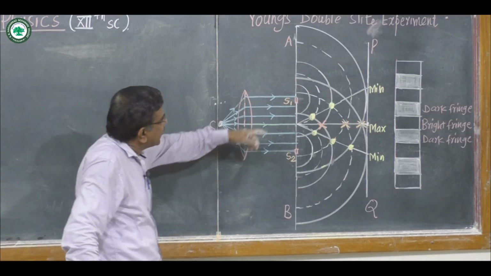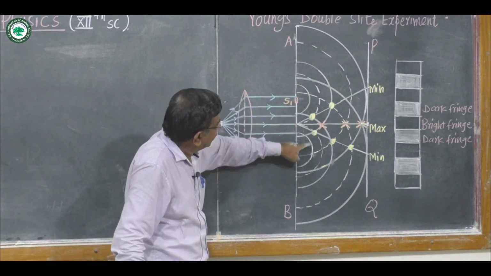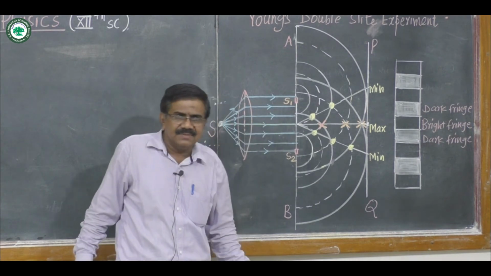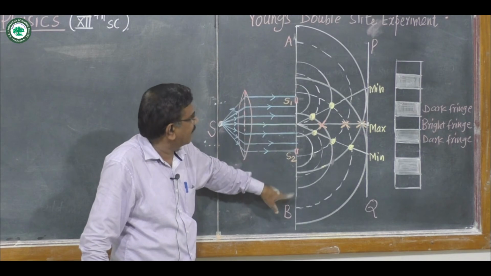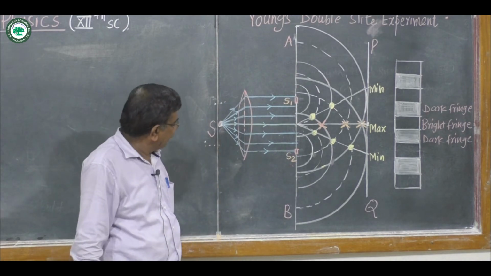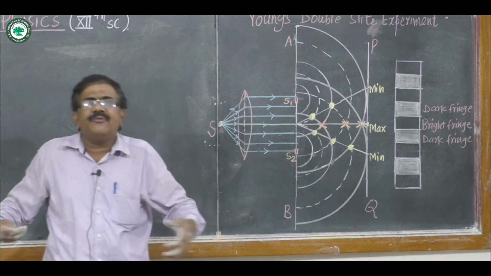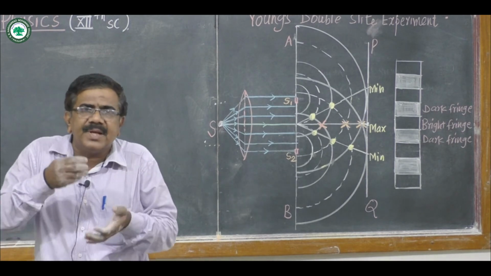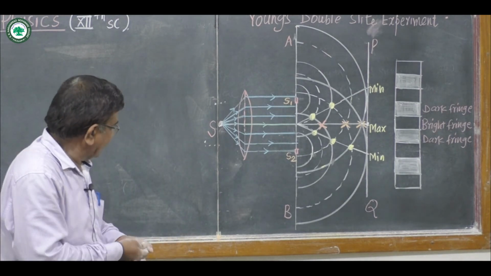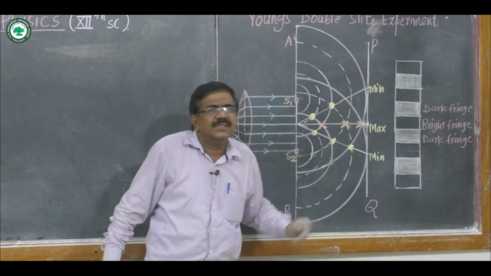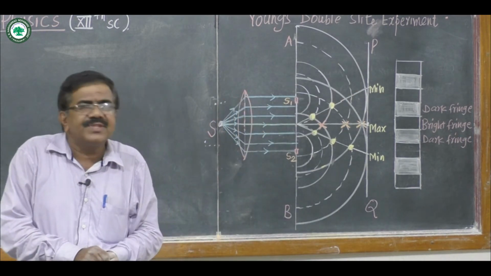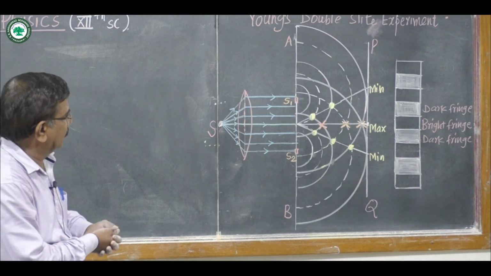The continuous arc represents a crest and the dotted arc represents a trough. They interfere with each other, or superimpose with each other, and an interference pattern is observed on the observing screen PQ.